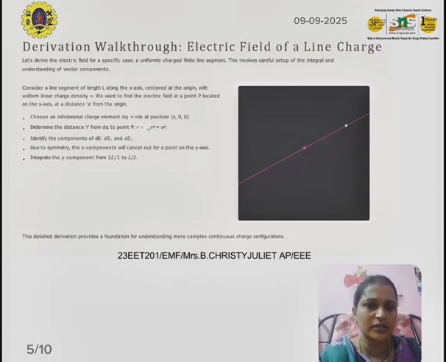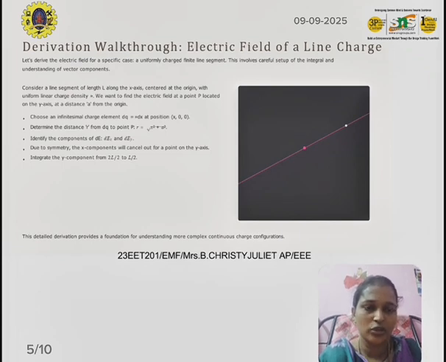In this line segment, let the length be L and the axis be X, and it is centered at the origin with uniform charge density, and we want to calculate the electric field at the point P located on the y-axis.